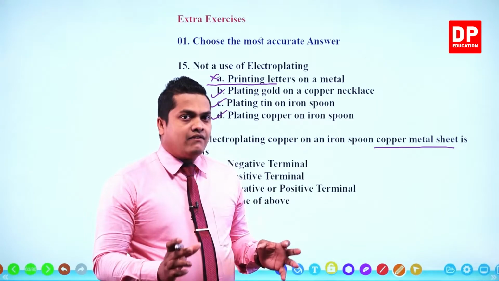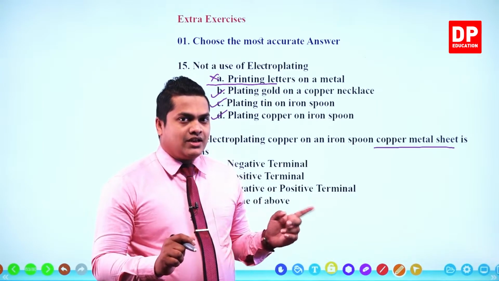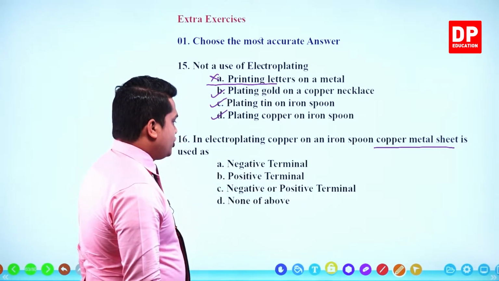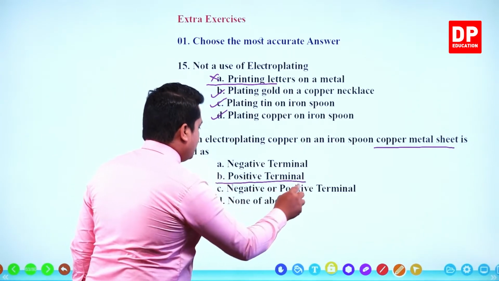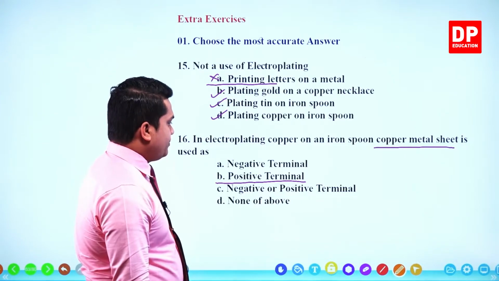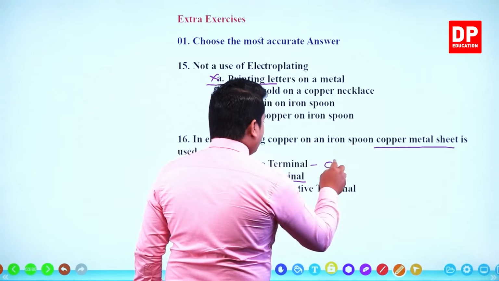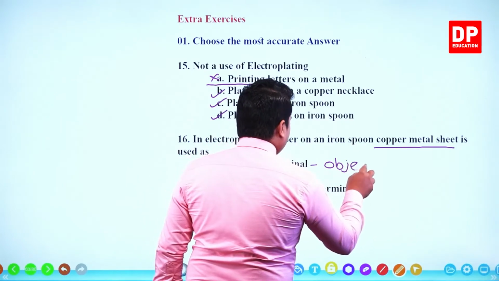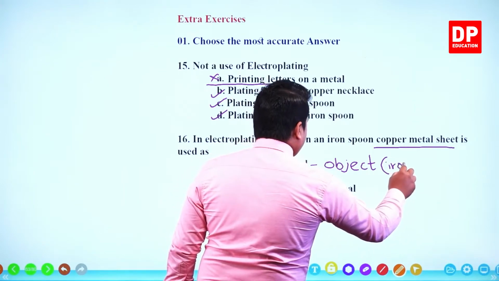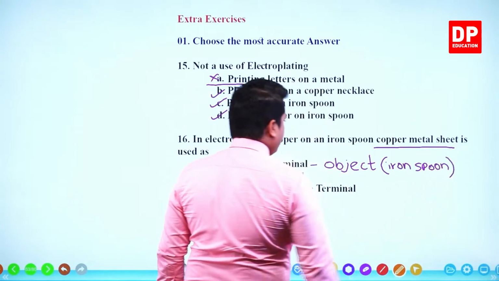I even highlighted that part when we were discussing the theories related to the electroplating process. So always that metal sheet should be the positive terminal, right? The copper metal sheet should be the positive terminal. The negative terminal should be the object. Here the object means the iron spoon. Right.